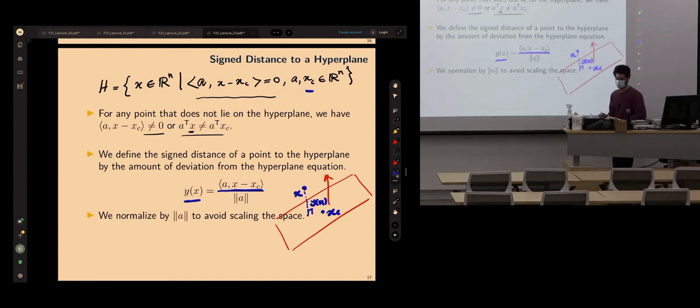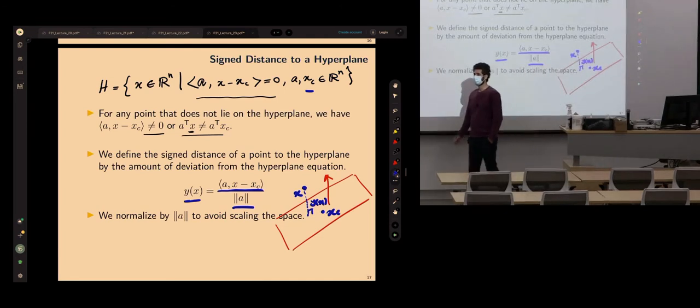Now, what happens if you don't divide by the norm of a? Let's imagine a has a magnitude of 2. And we say, let's just not divide by the norm of a. What do we get? The distance will be twice of what it should be, right? It's just going to scale the whole space.